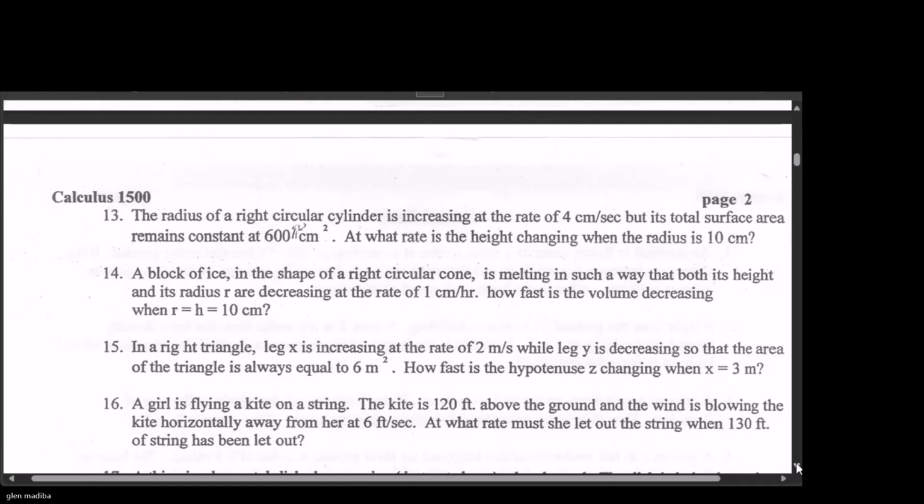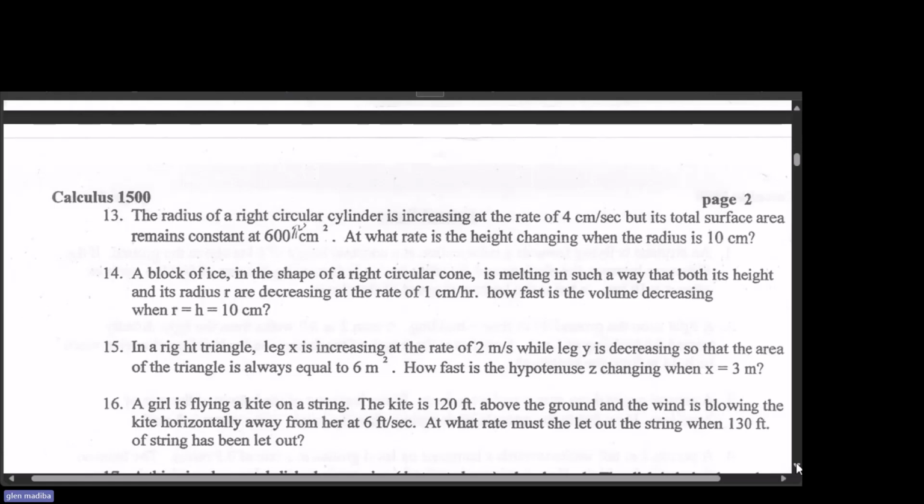I agree with you. Are we clear so far? Knowing that we know what y is, and we also know what z is, do we agree that we can find x? Yes.